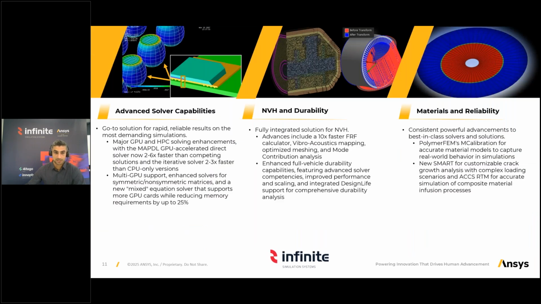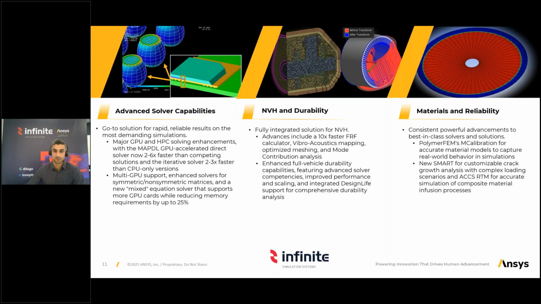So a few highlights. I could give 300 slides about Ansys Mechanical, so I only picked a few of them. Good to know is that there have been quite some nice improvements in terms of solver capabilities, scaling up with GPUs and CPUs. On the NVH side, also some very nice improvements.